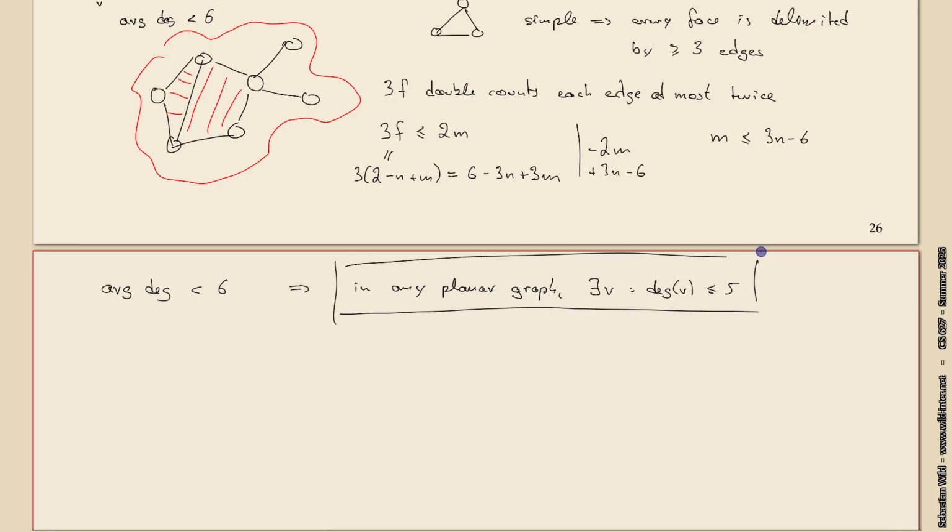Of all this prelude, this is actually the statement that we're going to use. In every planar graph, there's always a vertex of degree at most 5. And this property is also called the degeneracy of a graph.